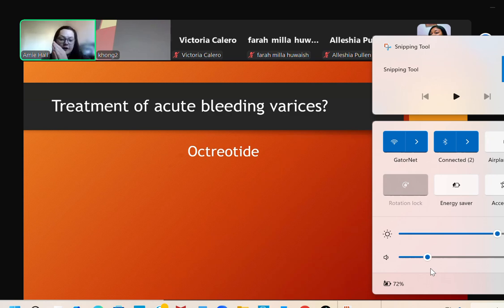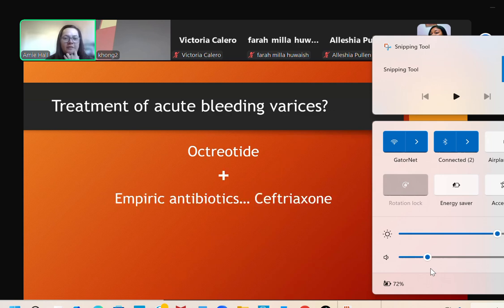We want less blood going to where the varice is bleeding from, to help stop the bleeding. Because the patient is bleeding, and we already said that they're at increased risk of SBP when they have their esophageal varice bleeding, we're also going to give them empiric antibiotics, ceftriaxone.